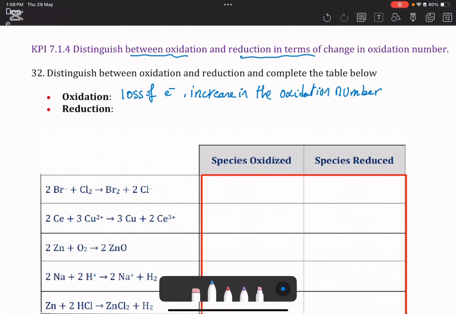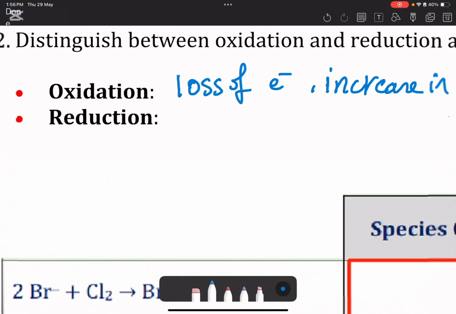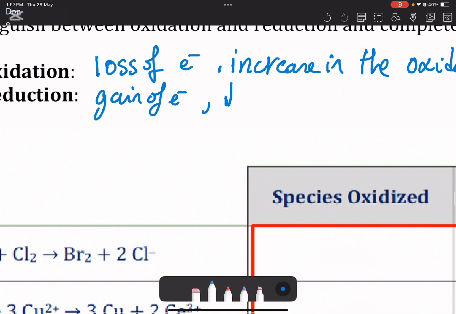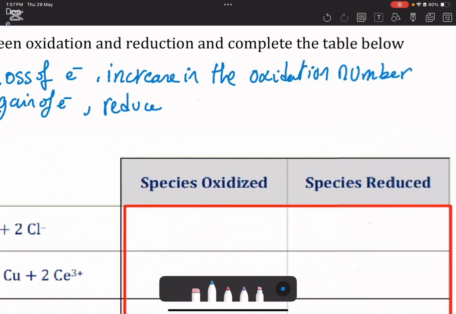And you're going to understand why I said this once I start solving this question. Reduction is the gain of electrons. When a substance gains electrons, we say that the substance got reduced. Or in other words, it's a decrease, a reduction, something that gets less, that decreases in the oxidation number.